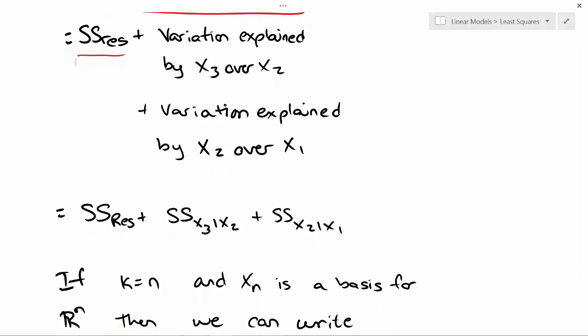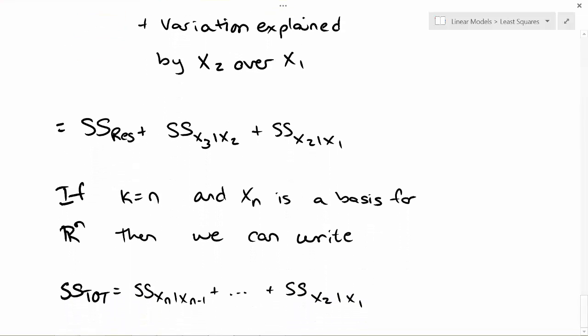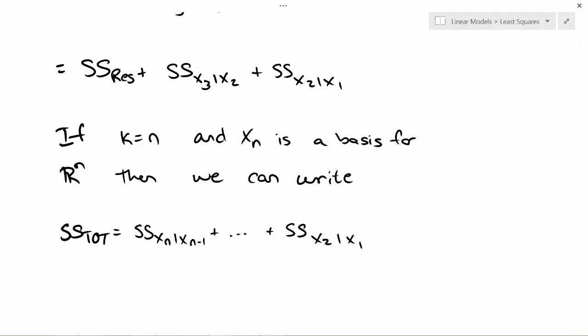Or I could write this notation as SS residual plus SS X3 given X2 plus SS X2 given X1. Let's suppose we kept doing that until the largest design matrix had n elements. It was a basis for Rn. Then the SS residual would eventually vanish to nothing, as we've already talked about.